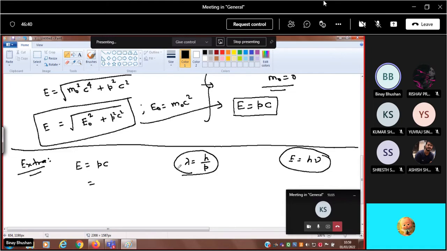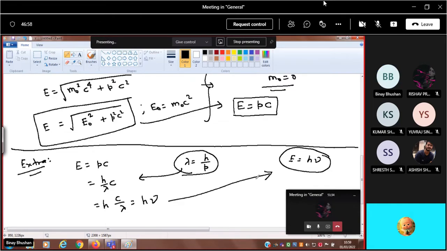So if we put p equal to h by lambda here, then this becomes h c by lambda, and c by lambda, that means speed by wavelength, is frequency. So E equal to h nu. That the energy of a photon is given by h nu. So all these are coming because of STR.